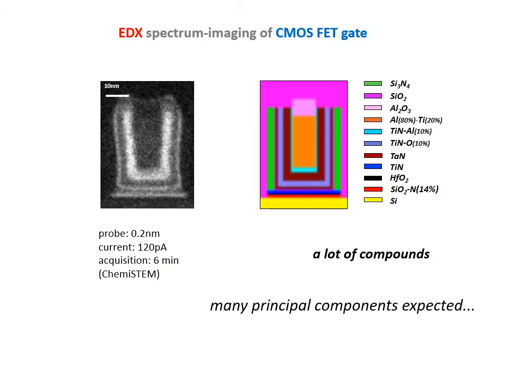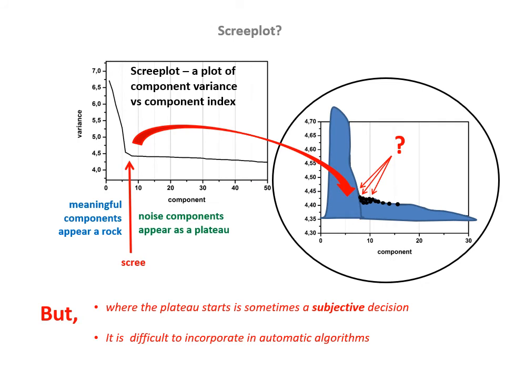I will illustrate this point using an example from real life. That is a semiconductor transistor gate, and at the left side you see the STEM image, and at the right side a schematic showing what we expect to find in this device. So you can see that there are a lot of compounds, and correspondingly we can expect a lot of principal components. We proceed with PCA, and in order to make a decision about truncation of our components, we use a standard method, the scree plot.